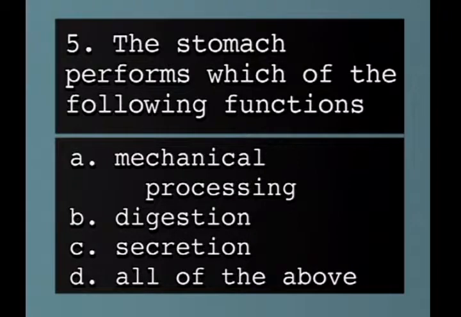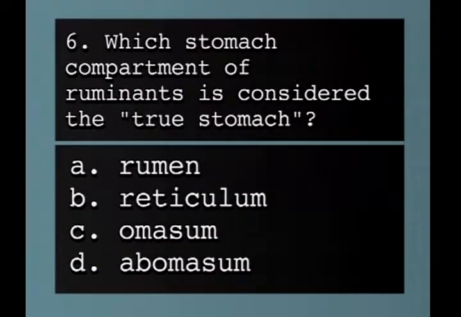A, mechanical processing, B, digestion, C, secretion, D, all of the above. Which stomach compartment of ruminants is considered the true stomach? A, rumen, B, reticulum, C, omasum, D, abomasum.